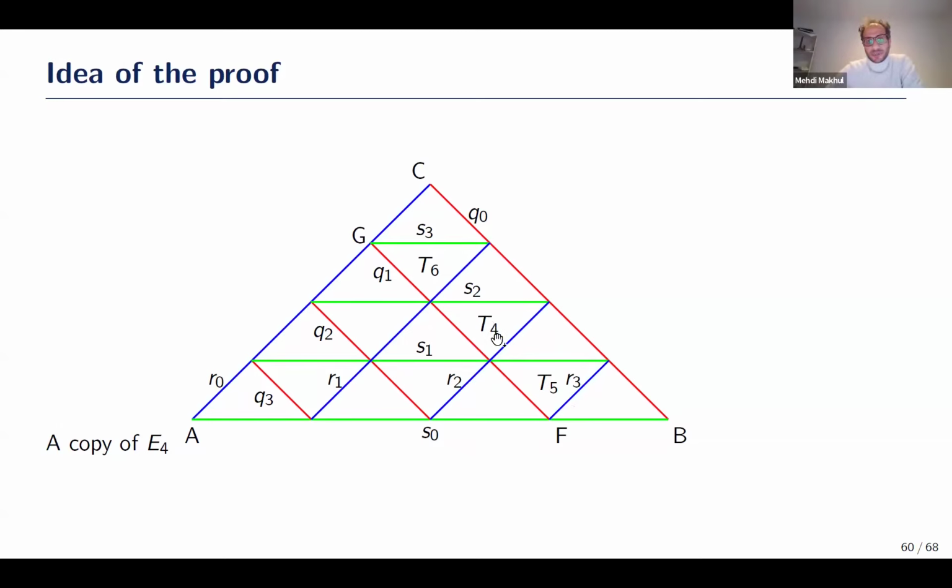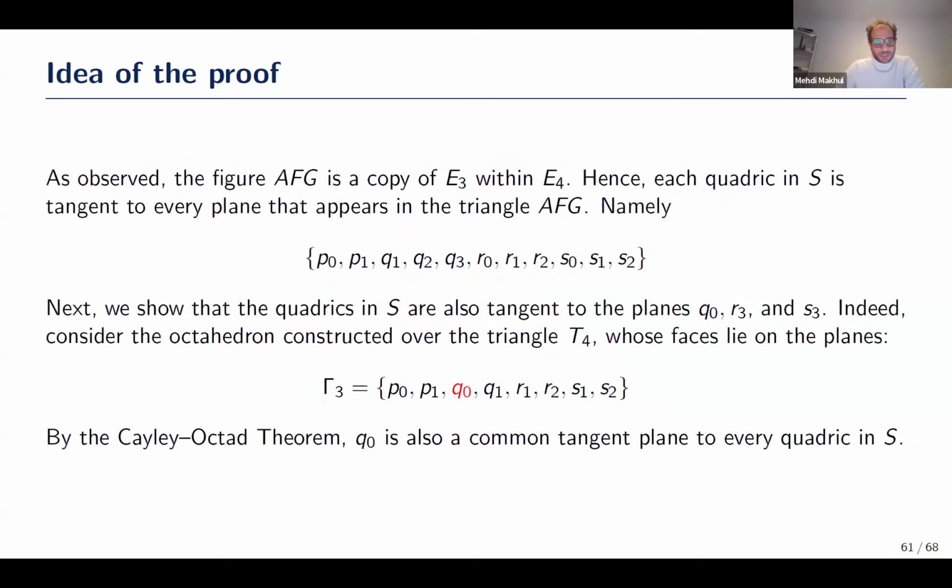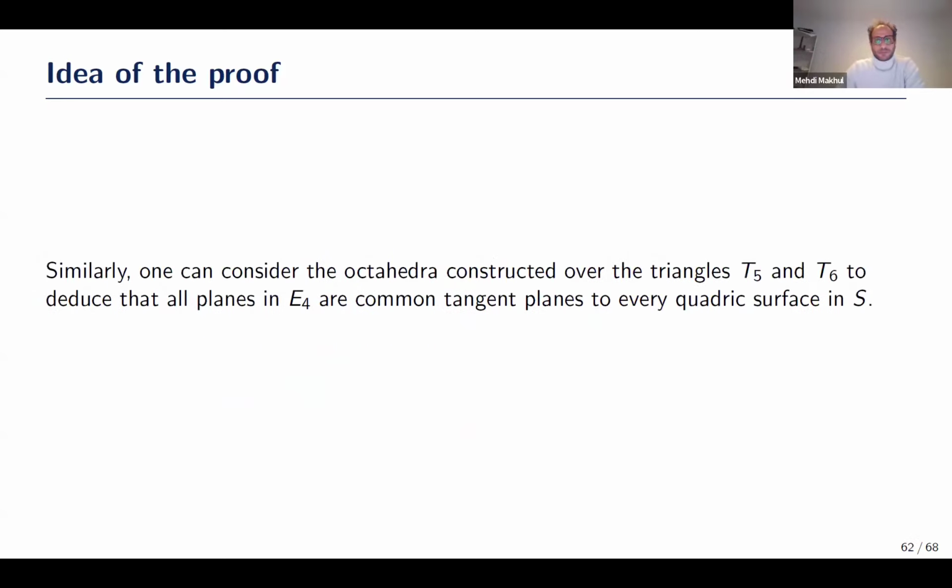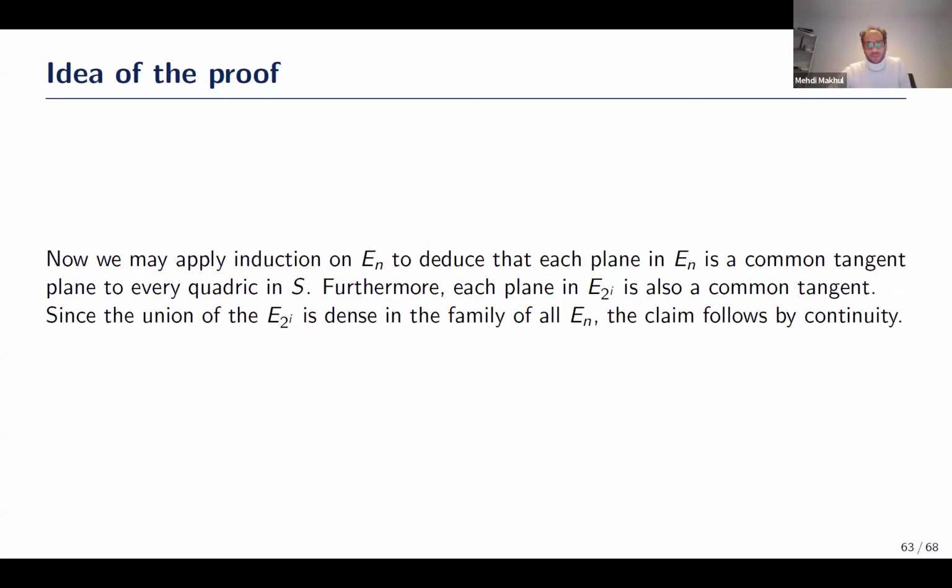Again, if I consider octahedrons over T4, T5, and T6 as an E3, we can prove that really they are also common tangent. So I just skipped the one. Then by applying induction, we could show that every element in En also is a common tangent to every quadric in S. Furthermore, if I consider E_{2^i}, then we can see that E_{2^i} is a subset of E_{2^i+1}.